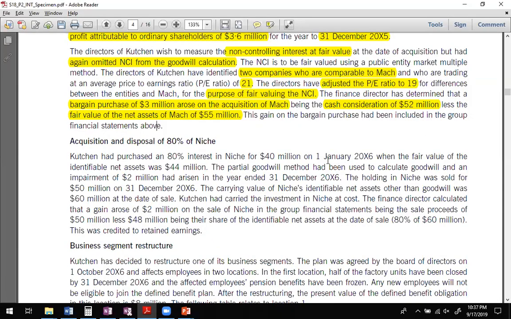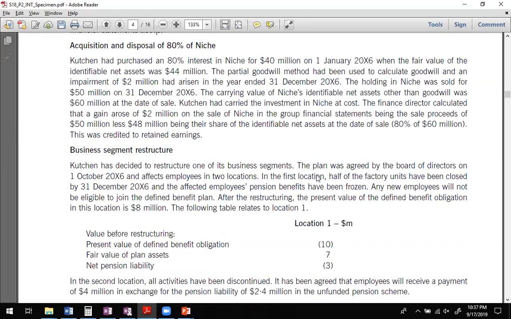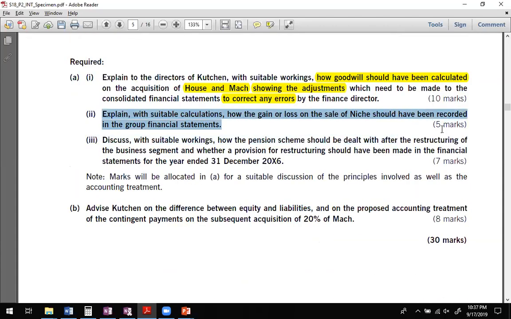So now let's get back to the question, and we have a separate part, which is part 2 for the disposal. Let's try this off, and then I'm going to give you homework for the next class, which will be a question of disposal, which you have to try on your own. So let's read this.